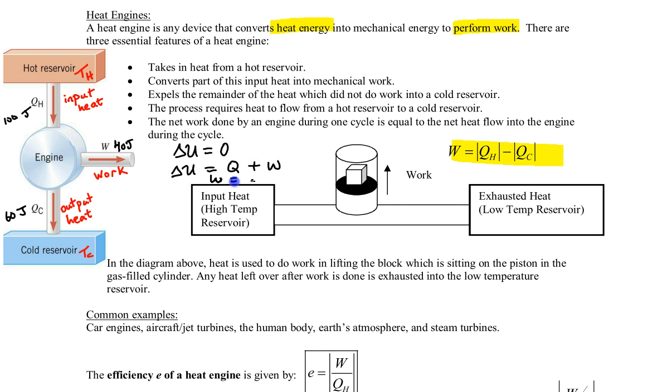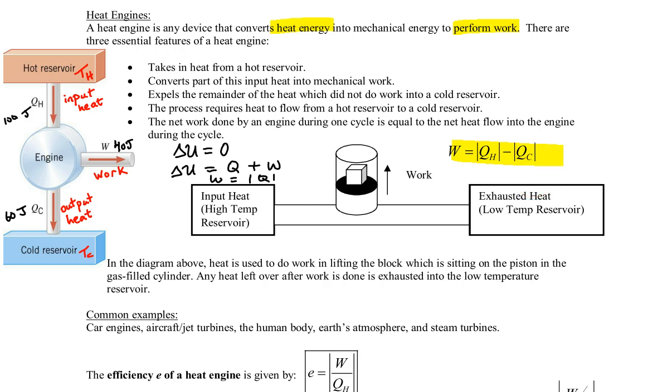So the work done is equal to the absolute value of the heat flow. And this is the net work done, and this is the net heat flow. So the net heat flow would be the difference between the input heat and the output heat. And typically in our problems, you'll find that the input heat will be considered positive and the output heat will be considered negative, and hence we use absolute value signs in our equation.